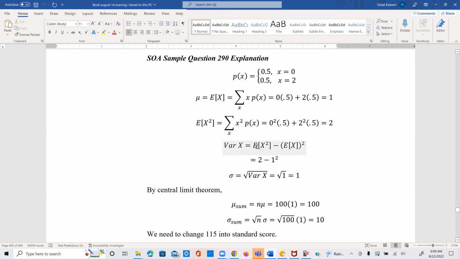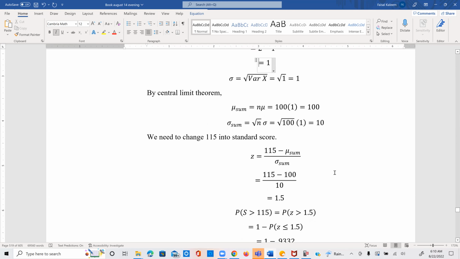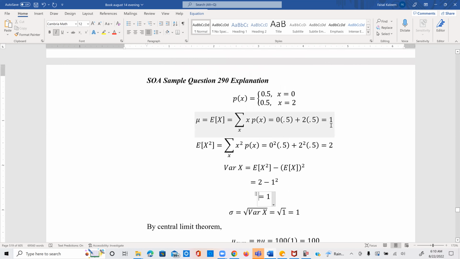And then variance is E of x squared minus E of x whole squared, so 2 minus 1 squared, that equals 1. And the standard deviation will be the square root of variance, so that's also 1. So now we have the mean as 1 and standard deviation of 1 for the individual variables.